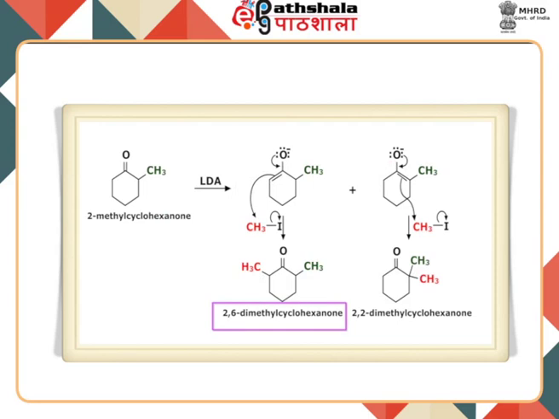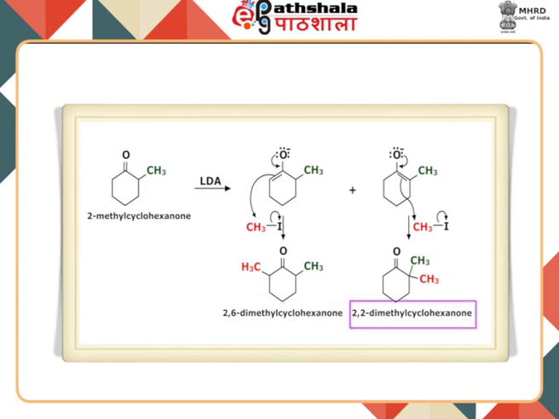The enolate leading to 2,6-dimethyl cyclohexanone is the kinetic enolate because the alpha hydrogen that is removed to make this enolate is more accessible, particularly if a hindered base like LDA is used, and slightly more acidic. So 2,6-dimethyl cyclohexanone is formed faster and is the major product if the reaction is carried out at -78 degrees Celsius.